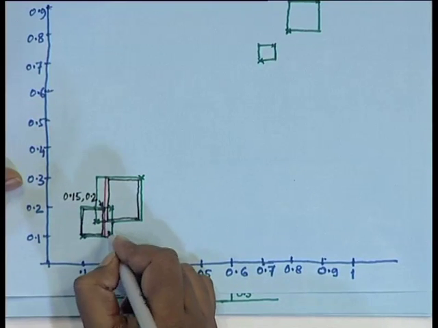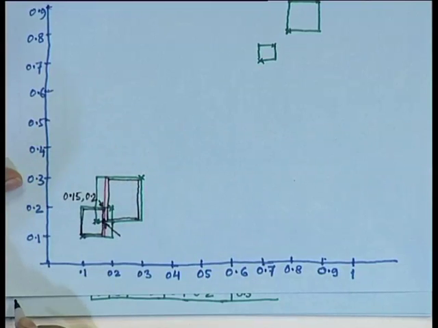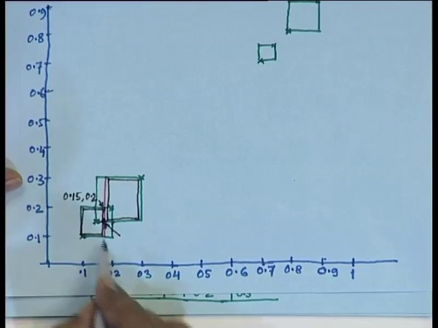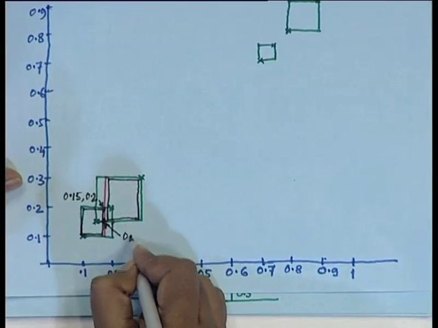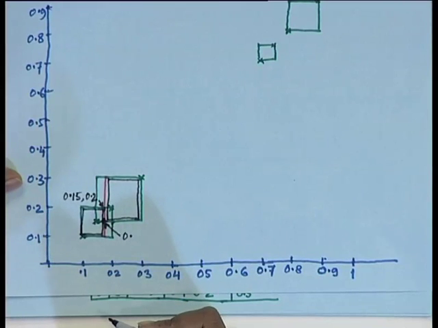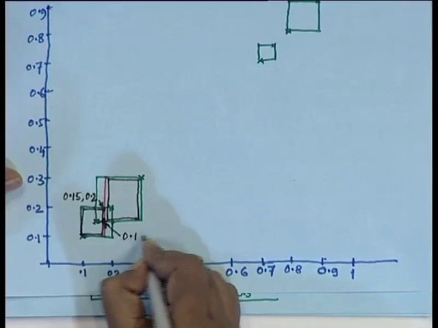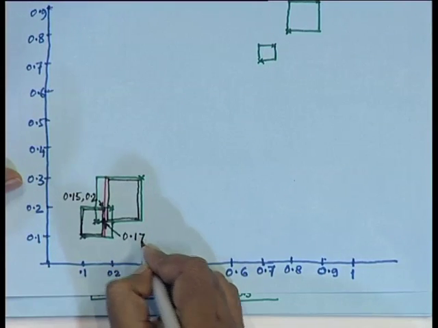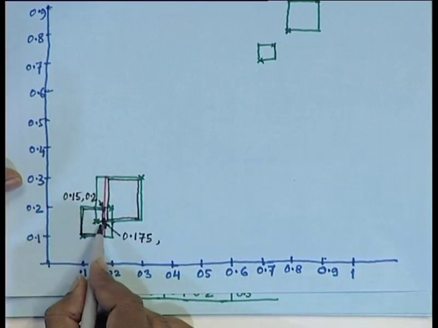Similarly, the min point of this hyperbox, which is nothing but this location, will be 0.15 and 0.15. Pardon? Oh, right. Earlier it was 0.15, so now it will be 0.175, and this will remain the same as 0.15.